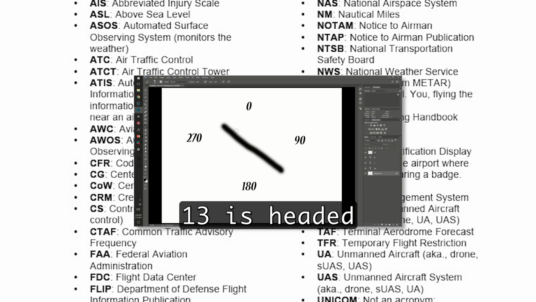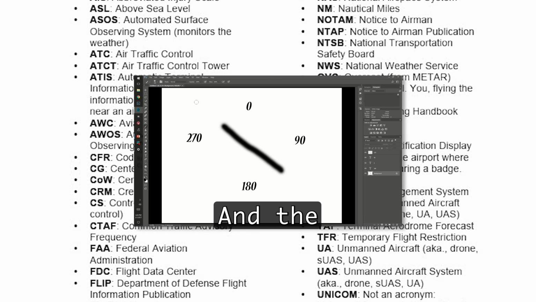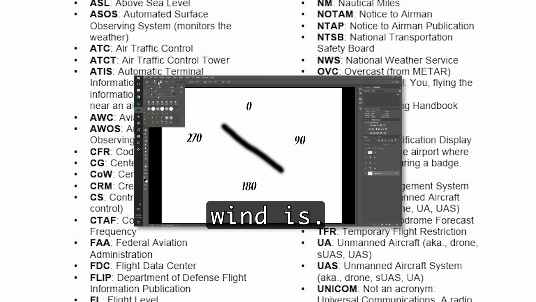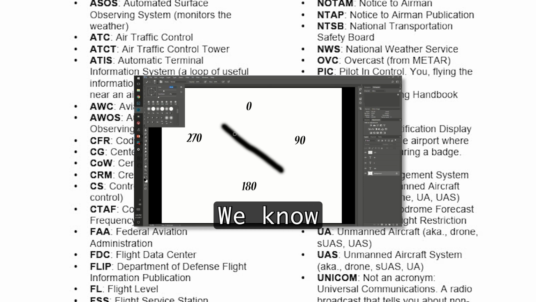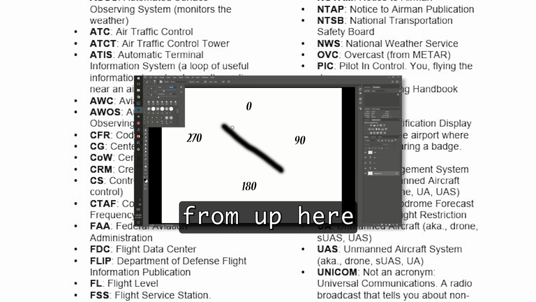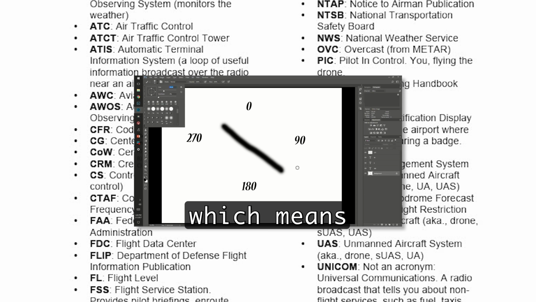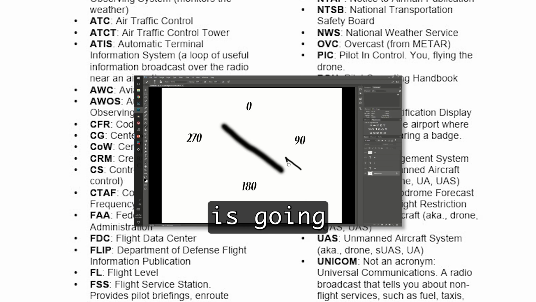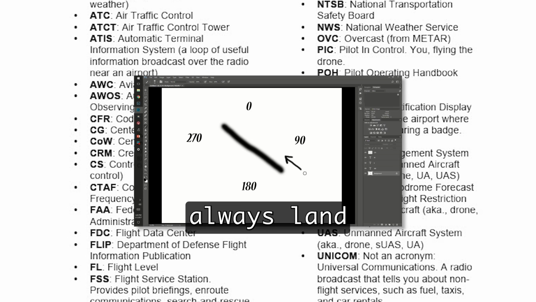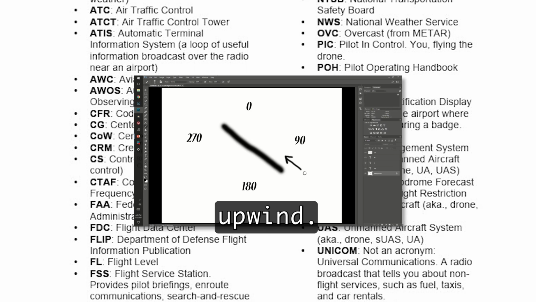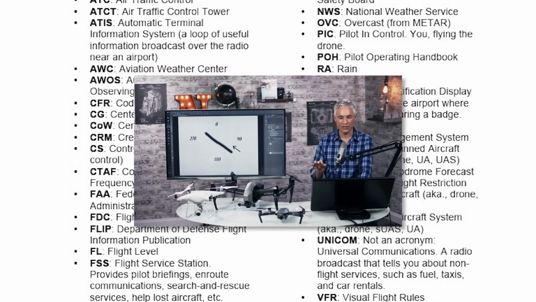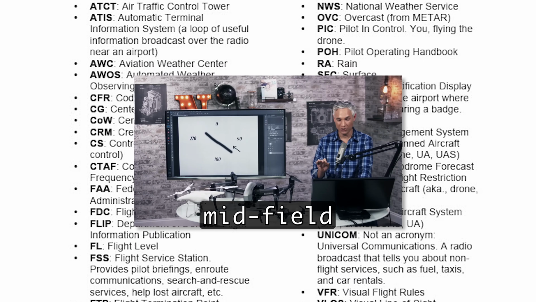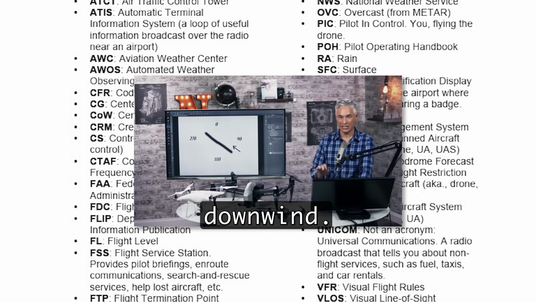So runway 13 is headed this direction, and we know people are landing going from up here to down here, which means the wind itself is going in this direction, right? Because you always land upwind. So the question says the plane is midfield left downwind.